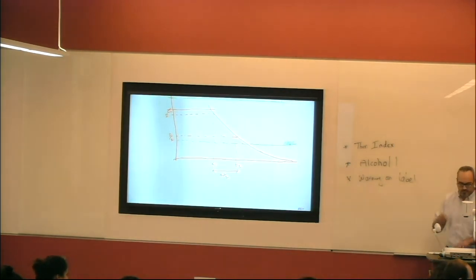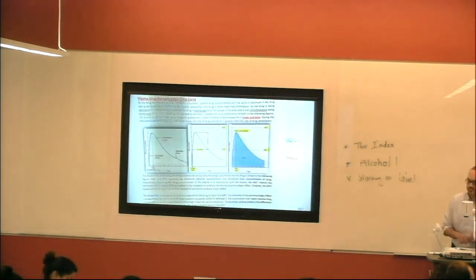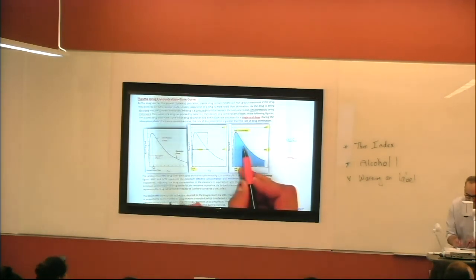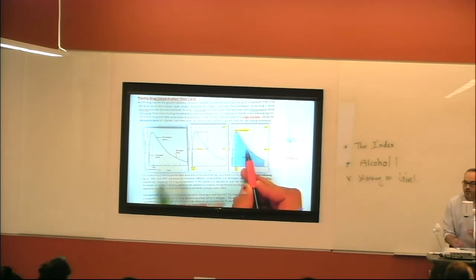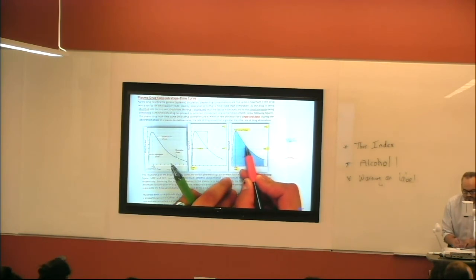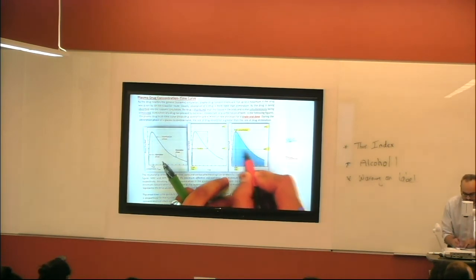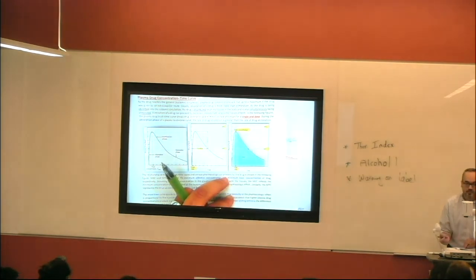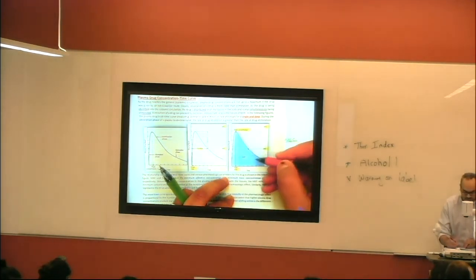Or if you prefer, we could go back to this graph again. First we skip the part where absorption, distribution, and elimination are all mixed together, and start roughly here. Let's pick this point because it's easier. It could be any point.